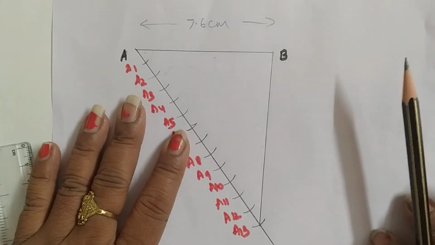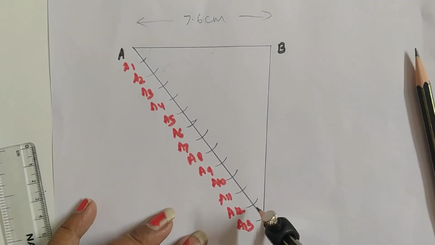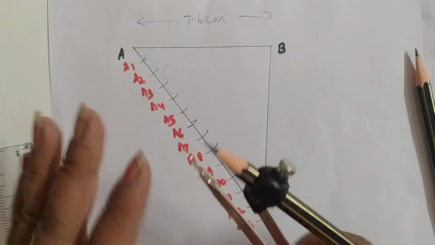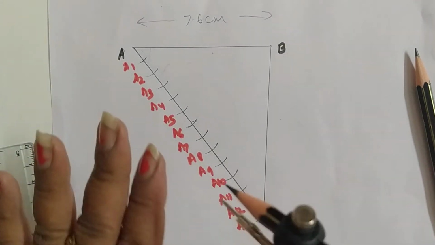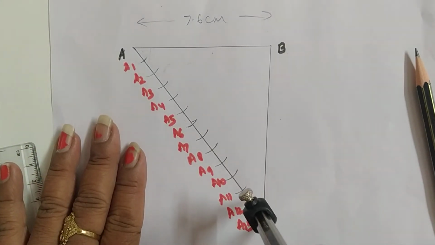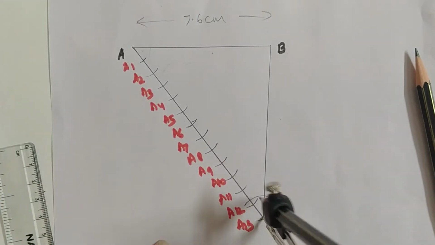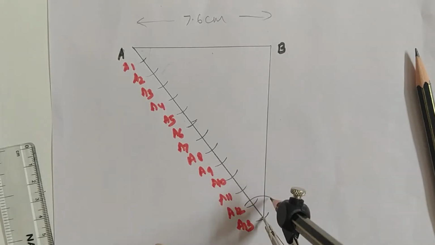Yes, so how can we draw it? See, again you have to choose any length of the compass. Suppose I have chosen this, slightly bigger. Now from A13 I will make an arc to BA13. Just check it again. This arc I have made.